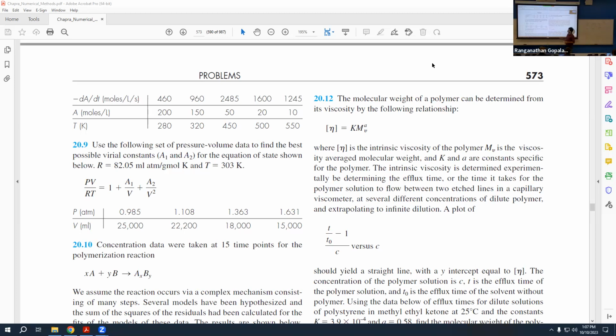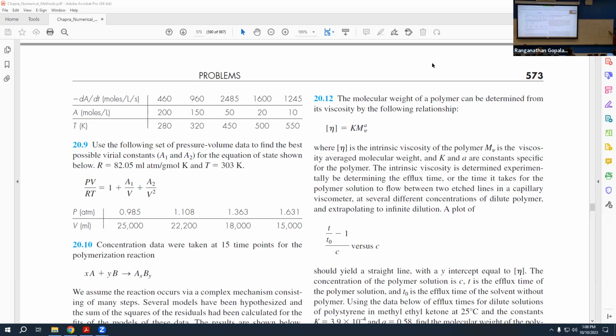The problem itself gives you that this is the equation of state to use, so you can plot PV over RT as a function of 1 over V. If you do that, you get a quadratic curve which goes something like this.